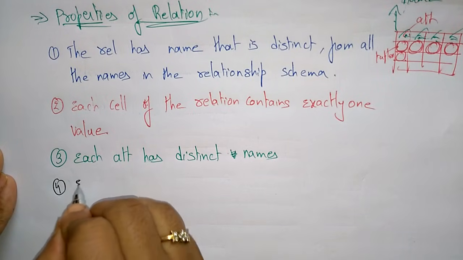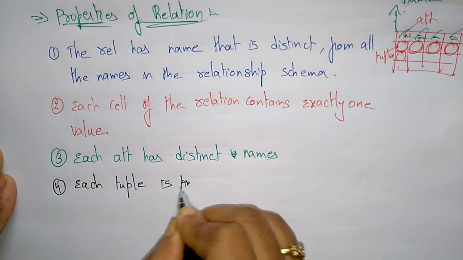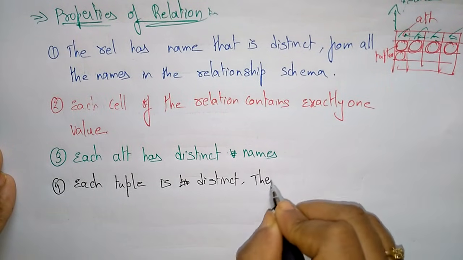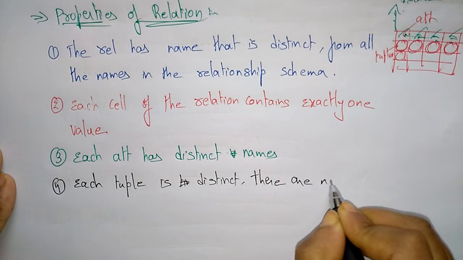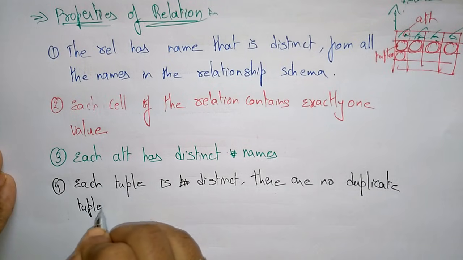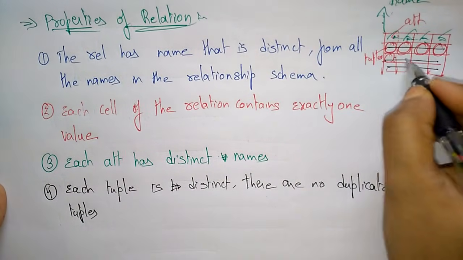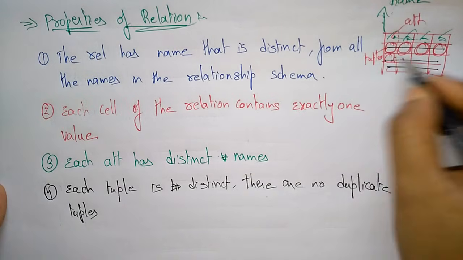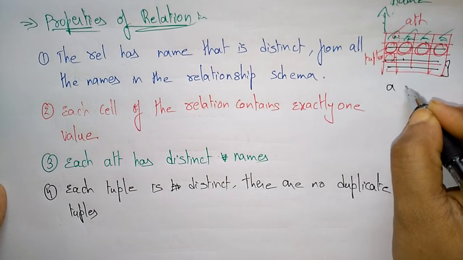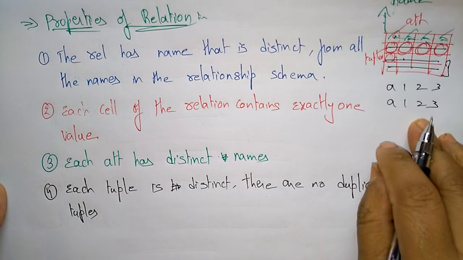Fourth point. Each tuple, meaning row, is distinct. There are no duplicate tuples. The complete tuple, the complete row, should not be duplicated. Maybe two columns may be the same, but the complete row should not be duplicate. Suppose you have A, name, 1, 2, 3 in one row. Again A, 1, 2, 3 should not be present.